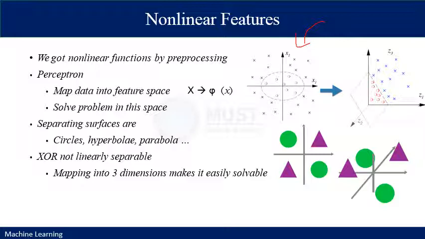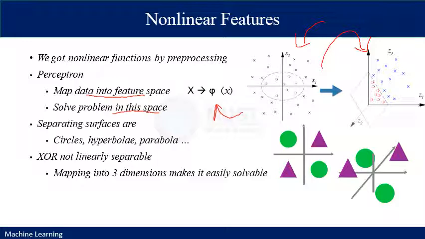A possible solution is to map the data into a higher feature space, using any feature attribute, for example a polynomial feature. That means transforming the data into another form and then solving the problem in that space.